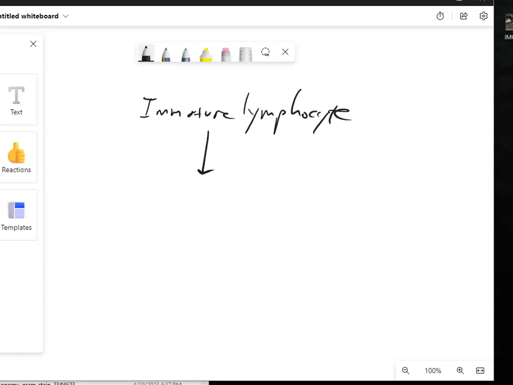If you've studied this, pause as I go and predict what I'm going to write, because the next thing I'm going to write is mature, naive lymphocyte.